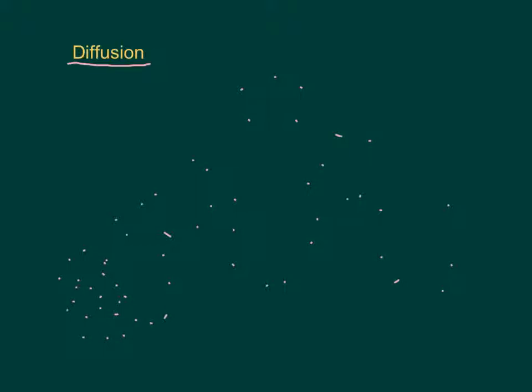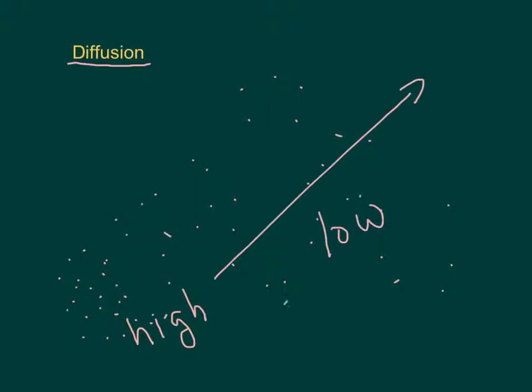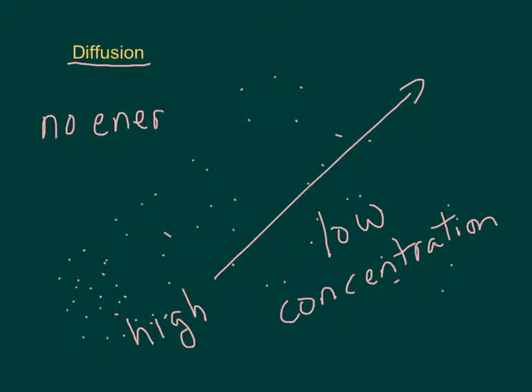So they go from high concentration to low concentration. And they do this without the use of energy. There's no energy required in simple diffusion. This is just a natural process, and we experience it every day.